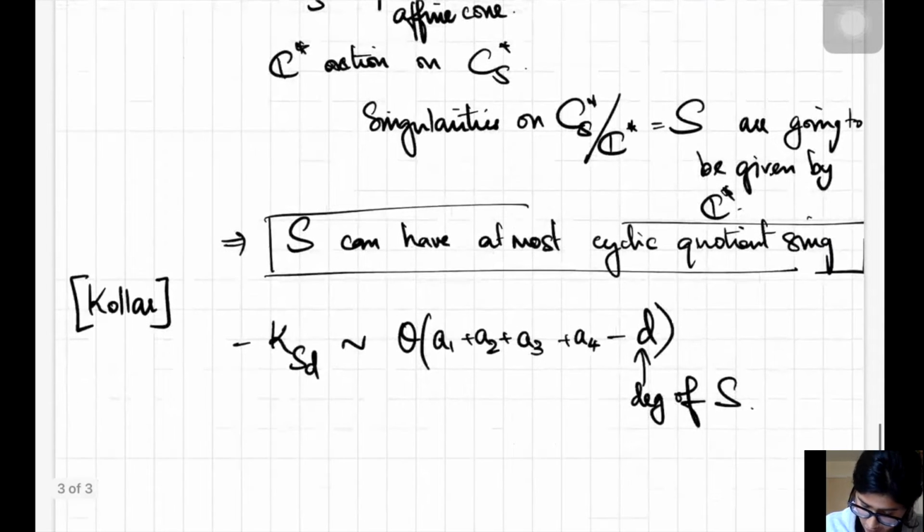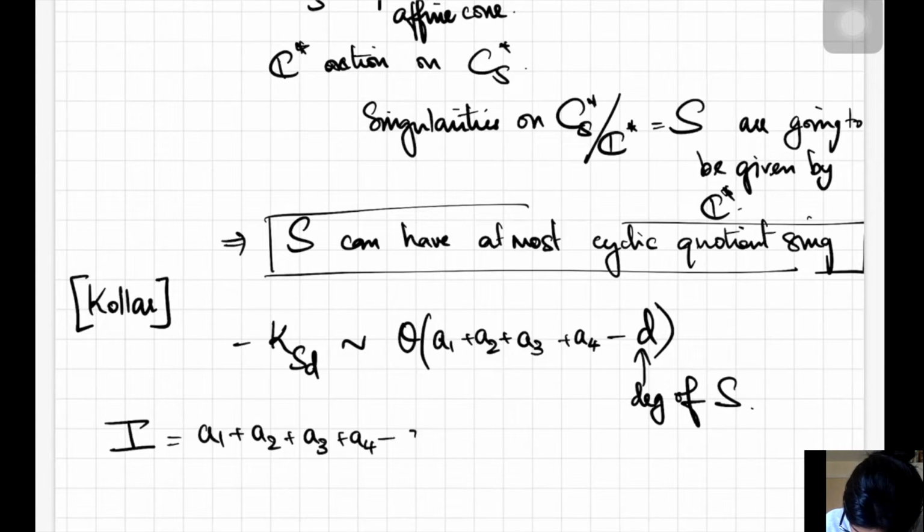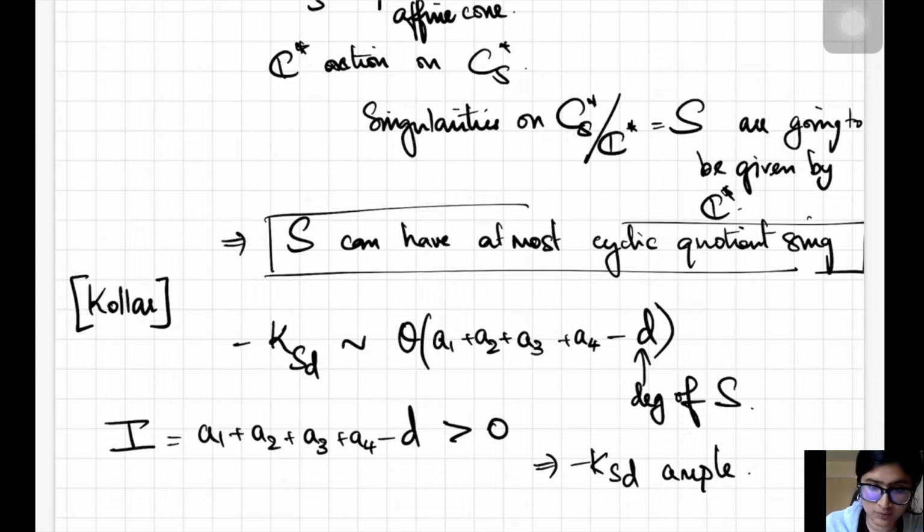So from this result, we know that the anti-canonical can be given this way. If you look at this number, and you always assume that it is positive, then you know your minus K_{S_D} is ample, which is the case of a Fano.